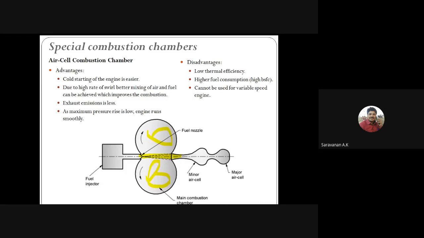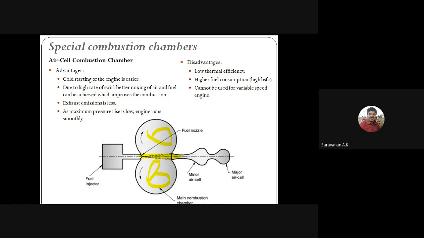This type of engine has some advantages. Cold starting is very easy, and there is a high rate of swirl, so better mixing and better combustion. The exhaust emission will be less, and the maximum pressure rise is low, right?